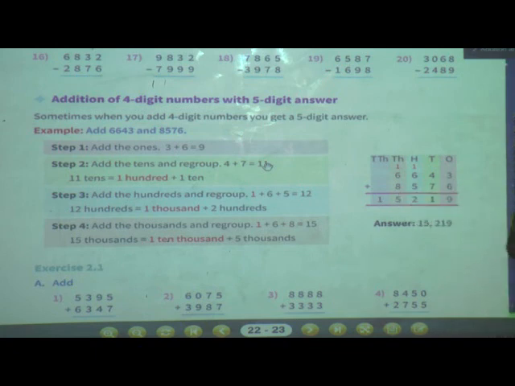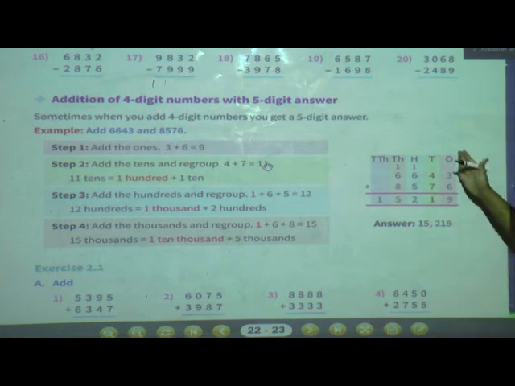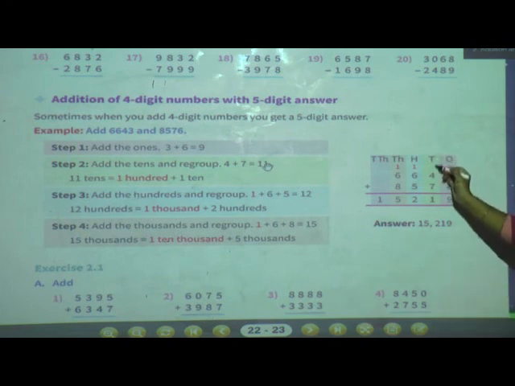Okay, so we have written 6,643, 8,579. So what is the first step? Add ones. Always we have to start addition from ones place only. So we will start from ones place. What is there on ones place? 3 plus 6. We get 9. Now what is the second step? Second, we have to add tens place.